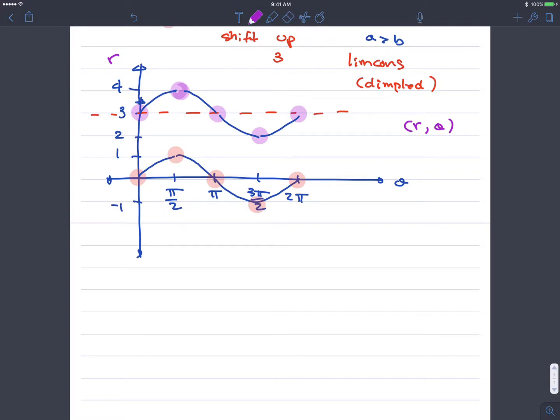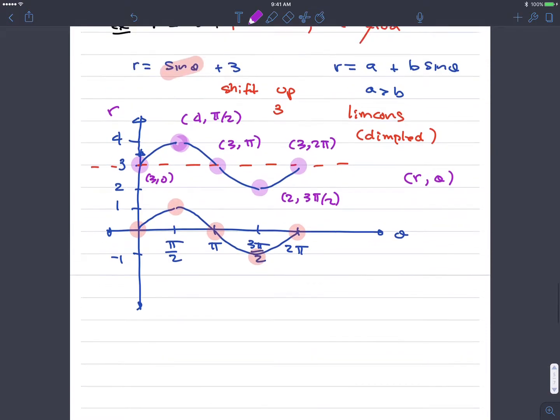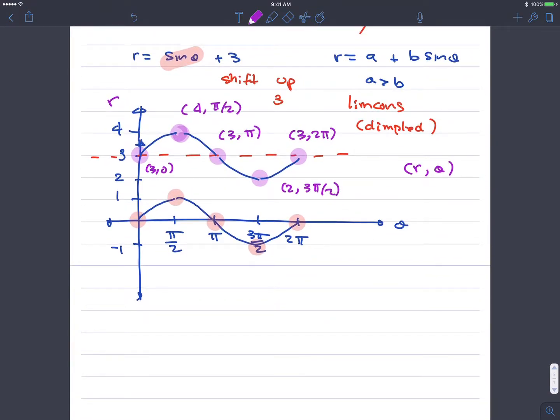So the first point is 3, 0. Then we're at 4, pi over 2. Then back at 3, pi. Then 2, 3 pi over 2. And then back at 3, which is 2 pi. So it looks like we're pretty good now. Now we're on our way to graphing the polar version.